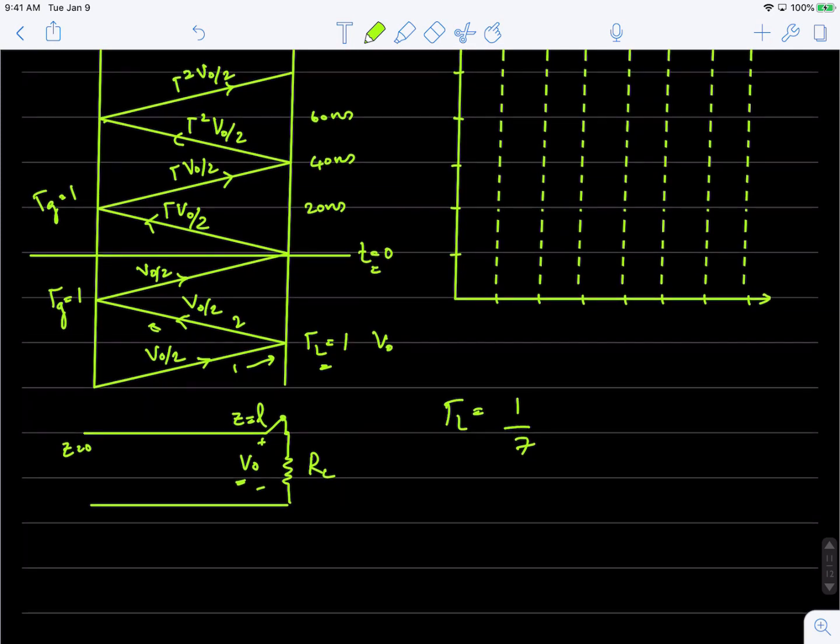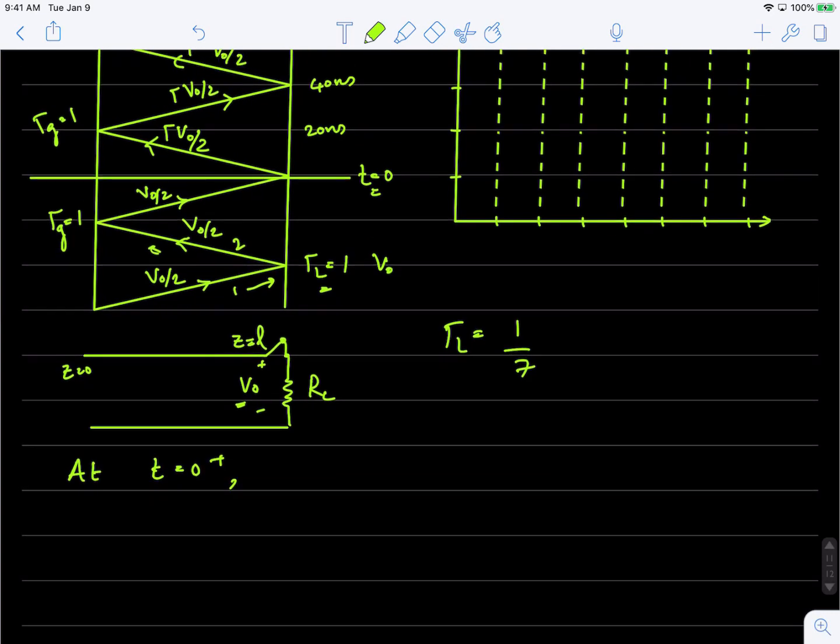So on the load side, at time t is equal to 0 plus, you will have a voltage of V naught plus, at time t is equal to 0, you will have a V naught by 2, which is the incoming voltage here, and a gamma V naught by 2, which is the outgoing voltage here.